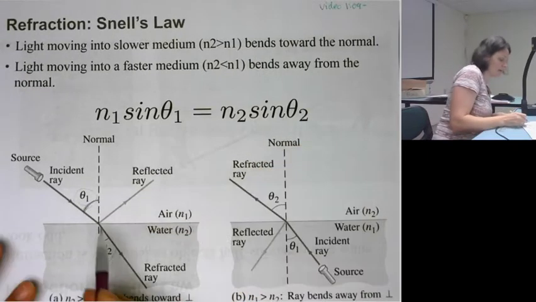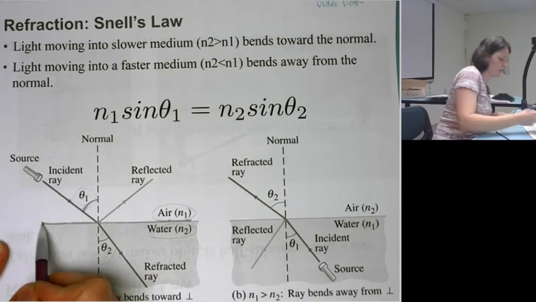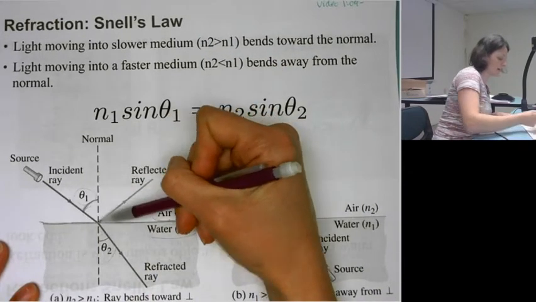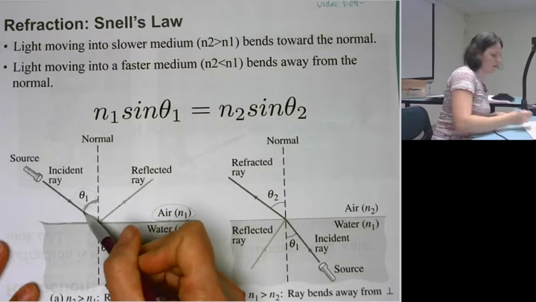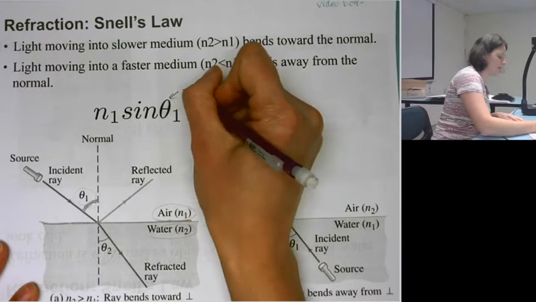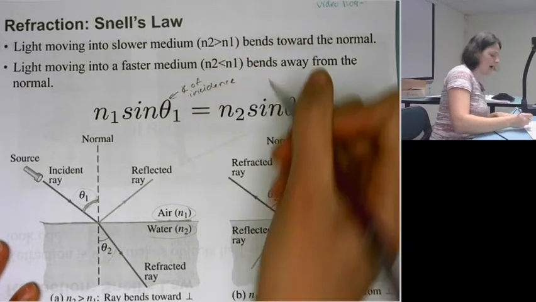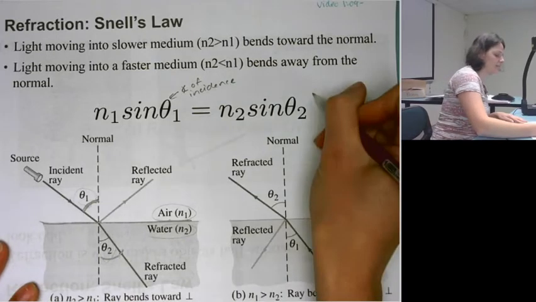So here's air up here, here's water down here, and here's the interface between air and water. So our normal line comes out like that, and we measure the angle of incidence right there. So we'll call that angle of incidence. And this angle right here, theta 2, is the angle of refraction.